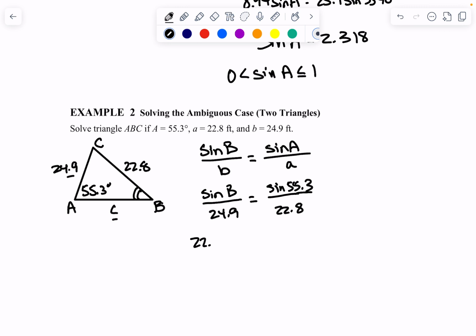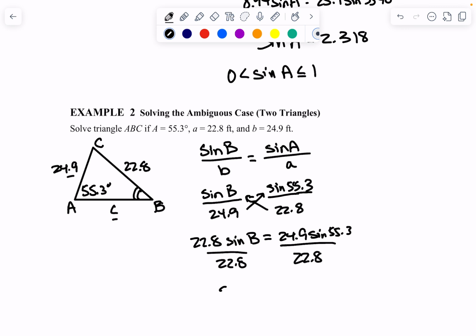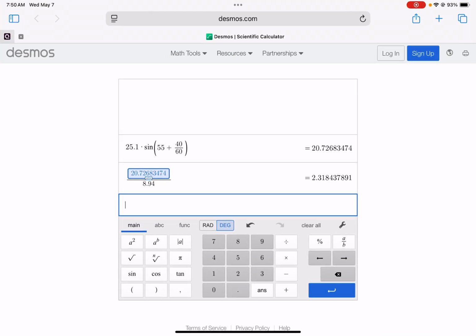So we'll cross multiply. 22.8 times the sine of B equals 24.9 times the sine of 55.3. Again, we're just cross multiplying, setting those cross products equal to each other like we've been doing for a while. And then we'll go ahead and divide by 22.8. And it tells us that the sine of B equals, as we go to our calculator, and we can do this all in one.